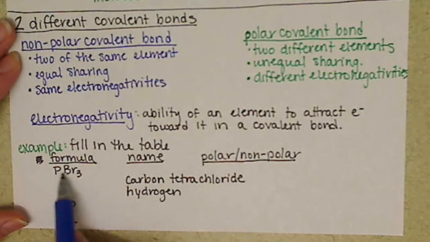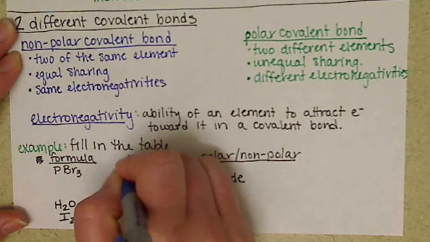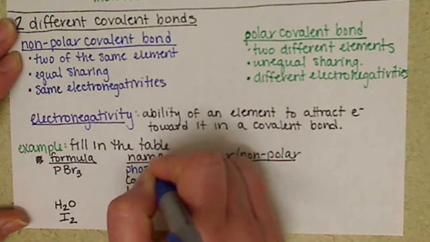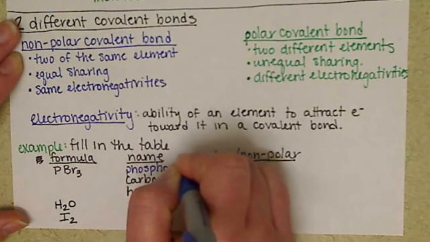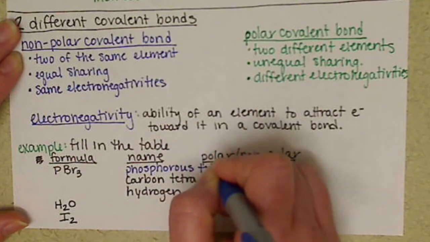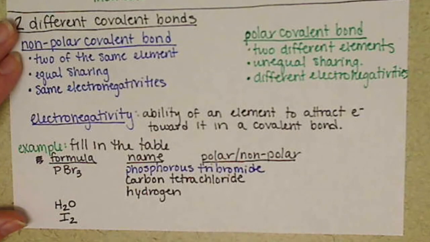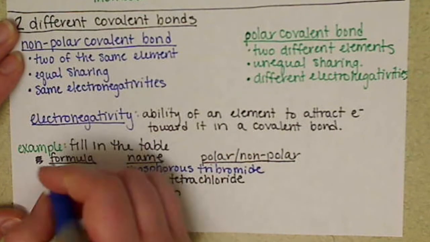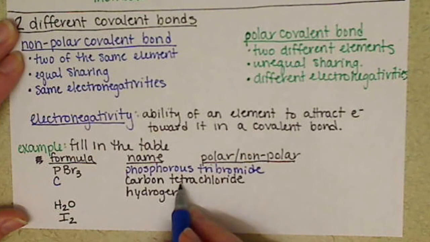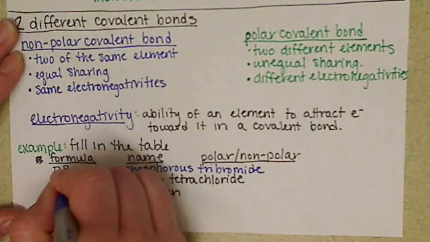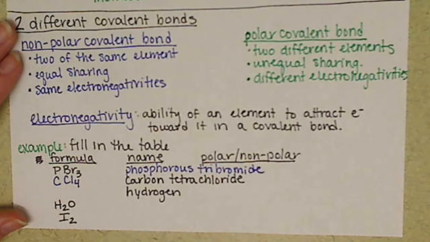All right, so we have PBr3, so we have phosphorus tribromide, carbon tetrachloride, so we have one carbon, and tetra means four, so we have four chlorides, so CCl4.